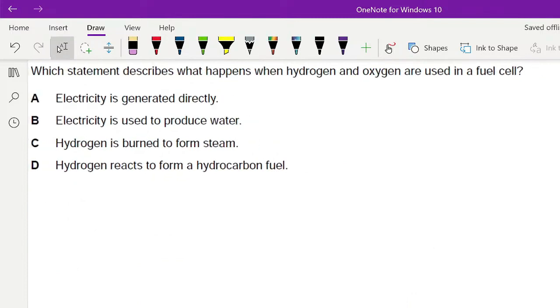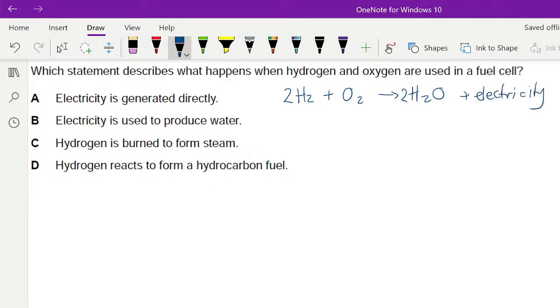Which statement describes what happens when hydrogen and oxygen are used in a fuel cell? The reaction is hydrogen and oxygen produces water, and that's why fuel cell cars are clean cars. We say hydrogen is clean energy because the product is water, and it produces electricity.